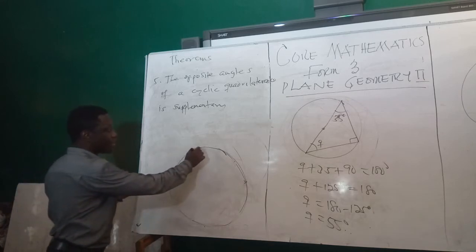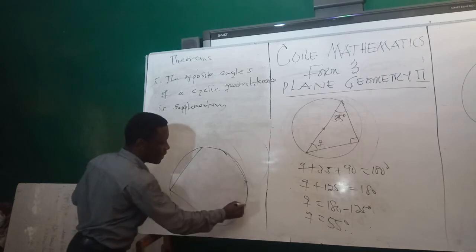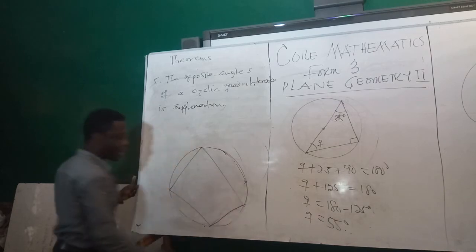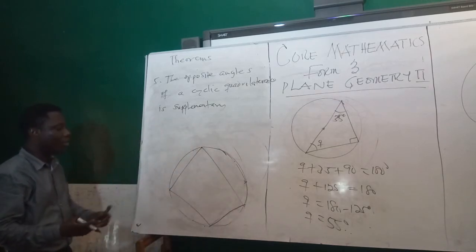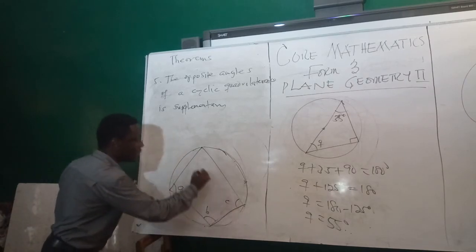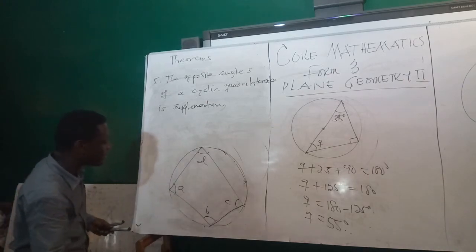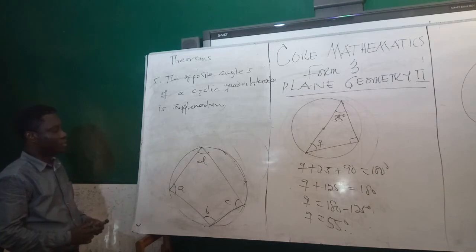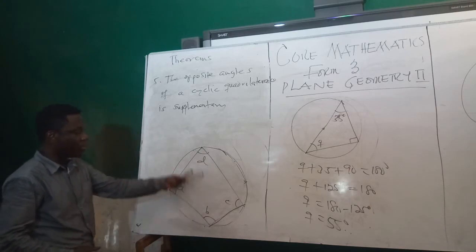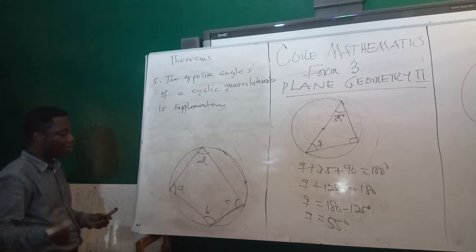So in this case, we have something of this nature. I have a square, and not a square per se, but any quadrilateral at all. It could be a square, it could be a rectangle, it could be whatever. But the most important thing is that we have a quadrilateral, so that if this angle is say A, and this angle is say B, and this is C, and that one is D, the concept says that the sum of the opposite angles, so you notice that from here, A is opposite to C, and B is opposite D, when we add them, they give us 180.